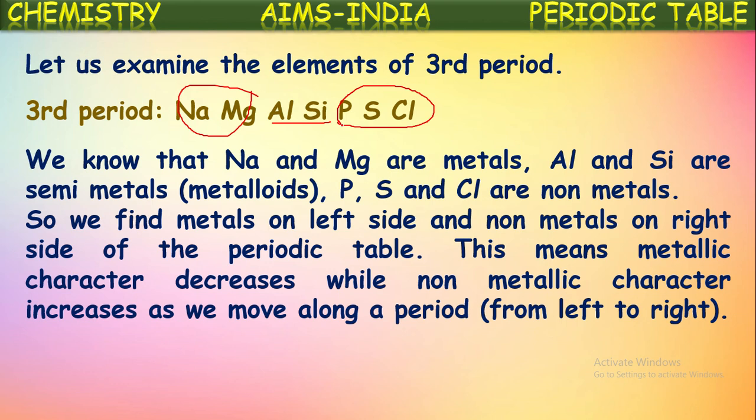Not only in this period, if you observe the remaining periods also, mostly on the left hand side there are metals and on the right hand side non-metals. This means metallic character decreases in a period from left to right while non-metallic character increases as we move along a period, that is from left to right, isn't it?